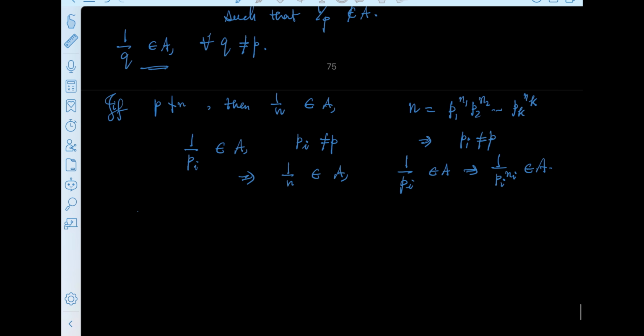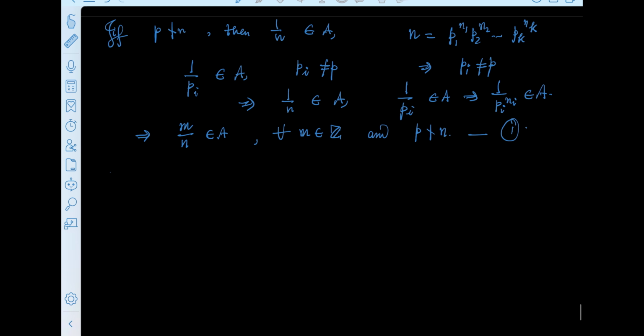So from that we can immediately see that M by N is inside A for all M belongs to integers and P does not divide N. Okay, this is the first observation.